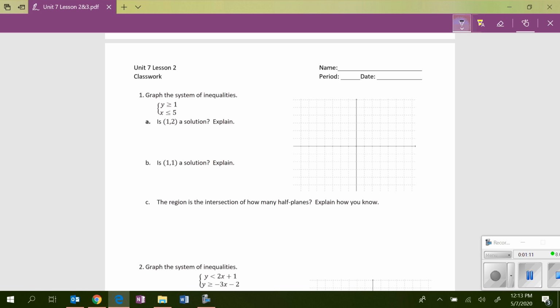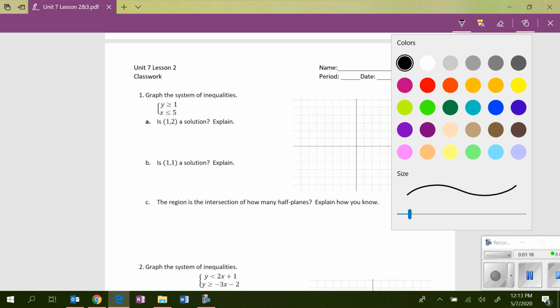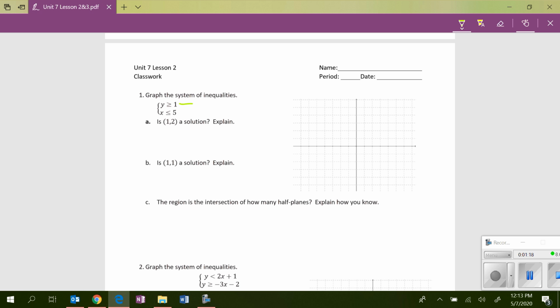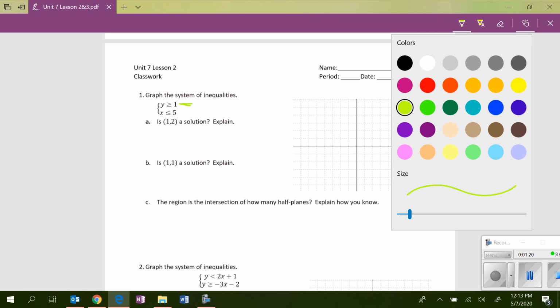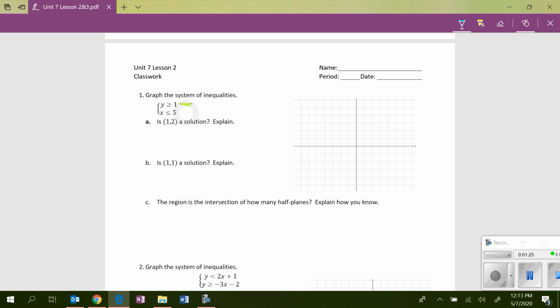So y being greater than or equal to 1, I'm going to put that in green so that we can tell the difference. And then x is less than or equal to 5 is going to be in blue. Whenever we have an equation that has just x, that's going to be a vertical line on my x-axis, and my point of interest here is that 5.